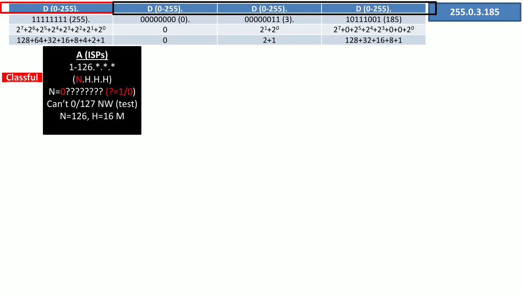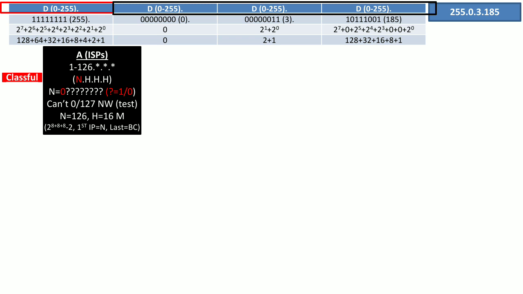So in class A IP addresses, there are around 126 networks, and in each of these 126 networks there are around 16 million hosts, and this is the calculation of the hosts. The host bits are 24, because the last 3 octets are used for host addressing. So these octets make up 24 bits, and these 24 bits make up 16 million IPs.